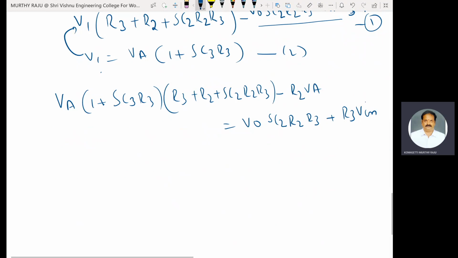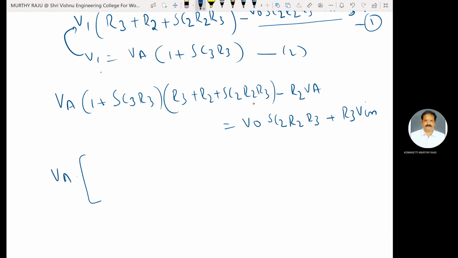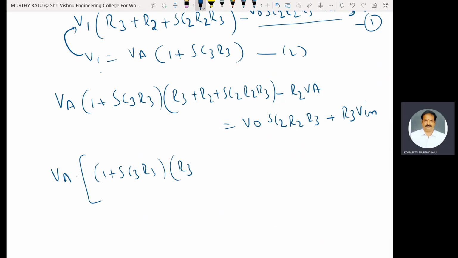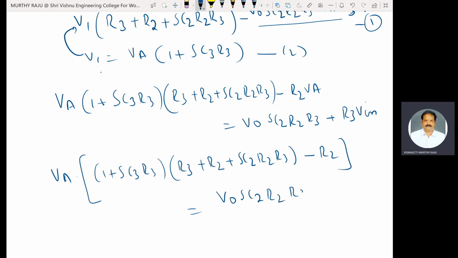Again, total VA into 1 plus S C3 R3 into R3 plus R2 plus S C2 R2 R3, minus R2, is equal to V0 S C2 R2 R3 plus Vin R3.